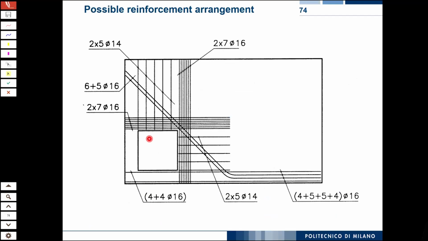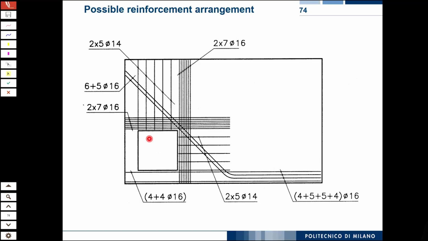See another interesting thing: he said that we need 12 bars. But why? Because he has 4, 5, 5, and 4. Actually, the central part, at a certain point where you no longer need them.